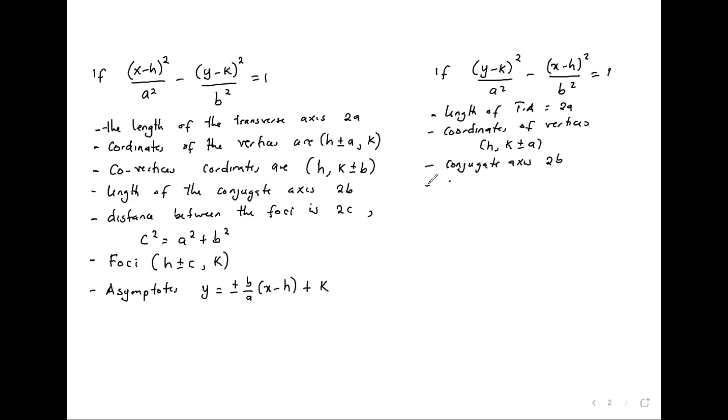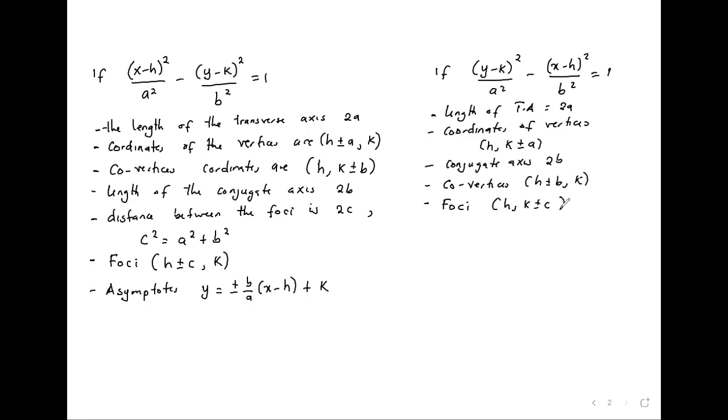And then the co-vertices are h plus or minus b, k. And then the foci distance is the same, so let's just talk about the foci coordinates, which are h, k plus or minus c.